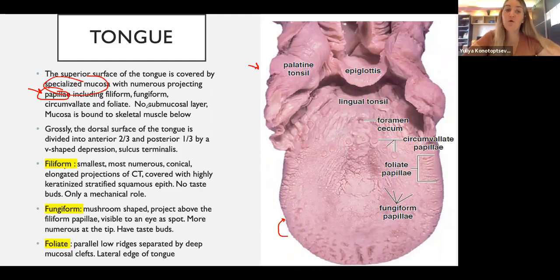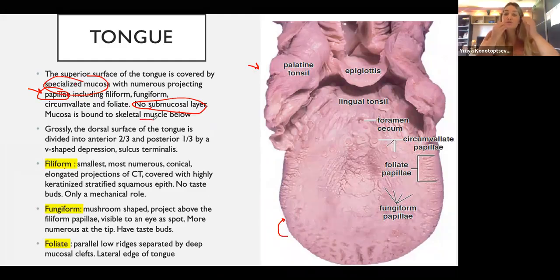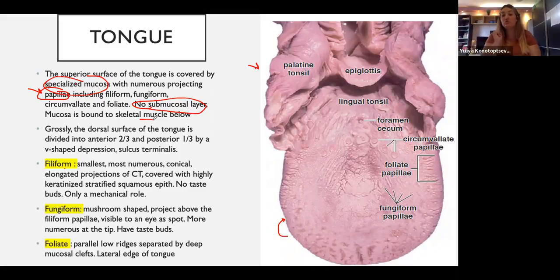This mucosa also does not have a submucosal layer, the same as the masticatory one. We said that the masticatory one was attaching to the bone, right? This one will be attaching to the muscle, because what is in the core of your tongue? In the core of it, we have a bunch of skeletal muscle. So this specialized mucosa will be attaching to that.